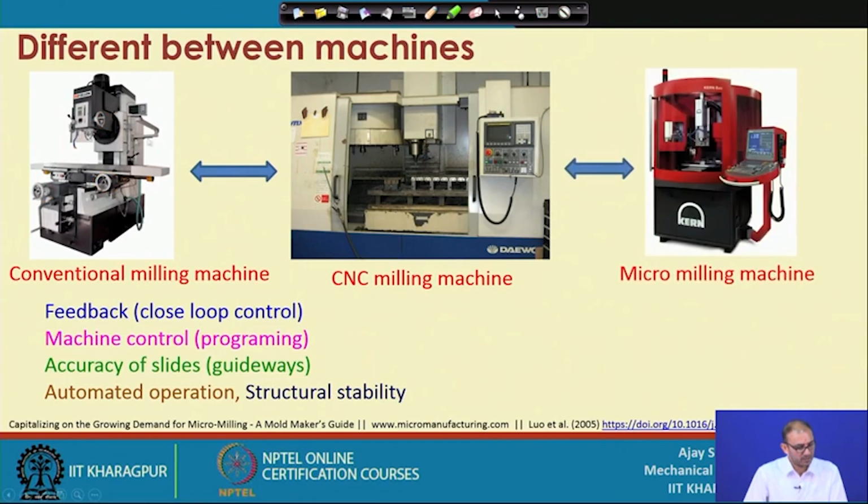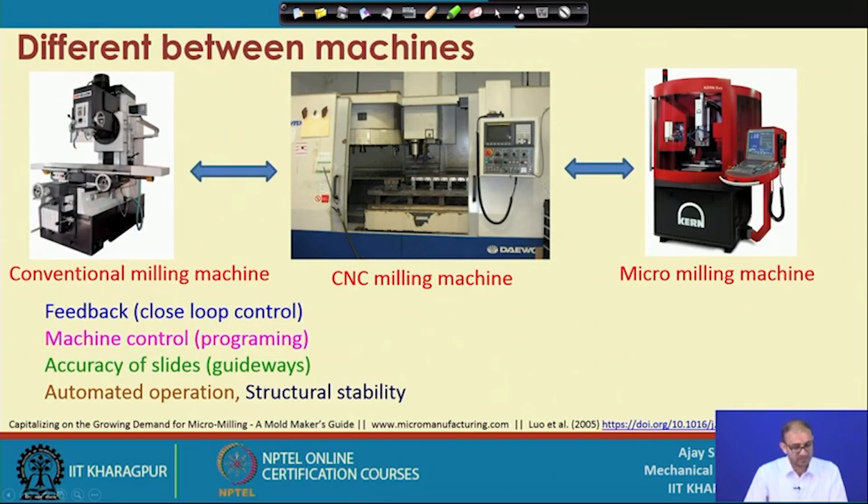Right. So, now we understood the difference between the conventional milling machine and the CNC milling machine, but again there are some limitations of the CNC machine when you are working at a micro level, because there are many components which may not give satisfactory results when you are working at a micron level. When you are working at the tens of microns or hundreds of microns, sometimes this is also not enough.